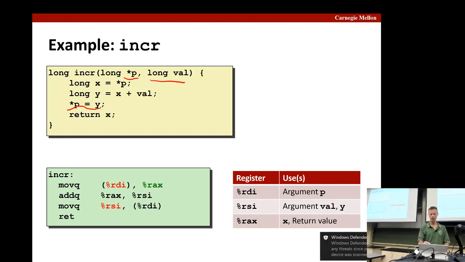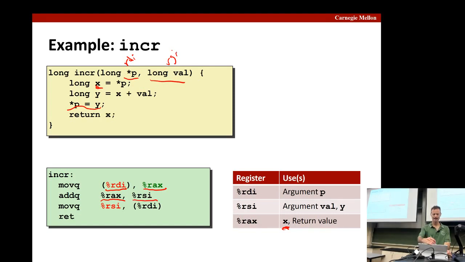So what does the setup look like in assembly code? Well, again, RDI, RSI. So I'm going to fetch what's in RDI and store it in RCX. So now X, whatever this X here is, is now in RCX. Then I want to add that value to RSI, which is the second argument.